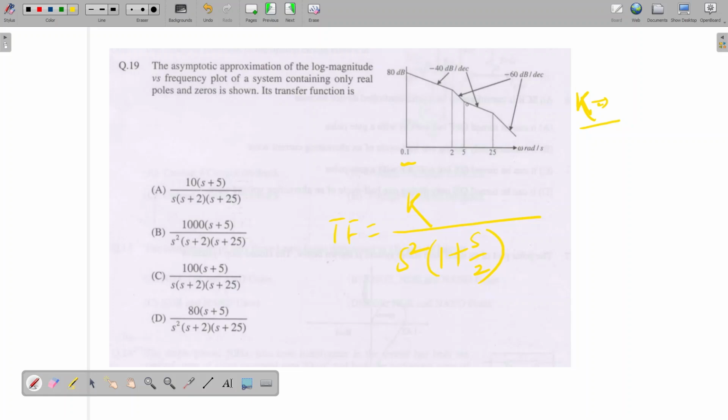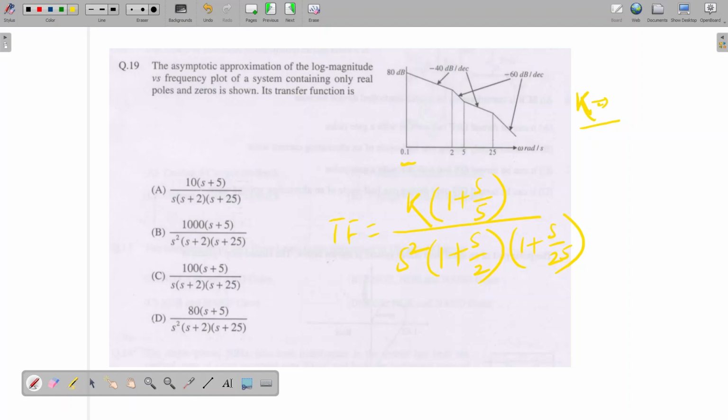And again here it is going minus 40. So at 5, there is 1 plus s by 5. And again at 25 one pole is there. So 1 plus s by 25. Is it clear up to now? How have I done this?